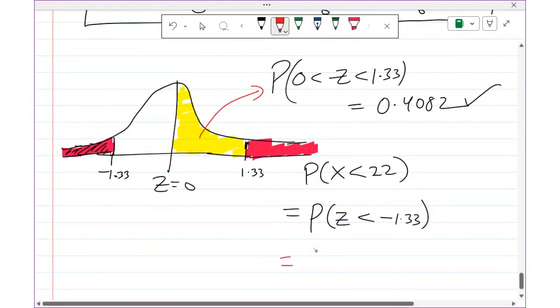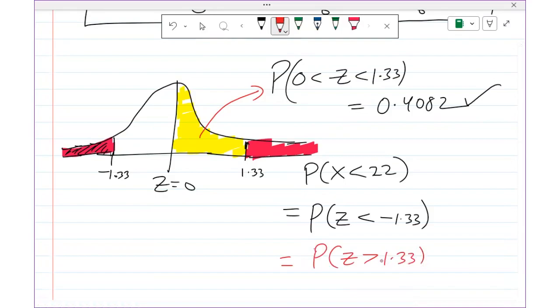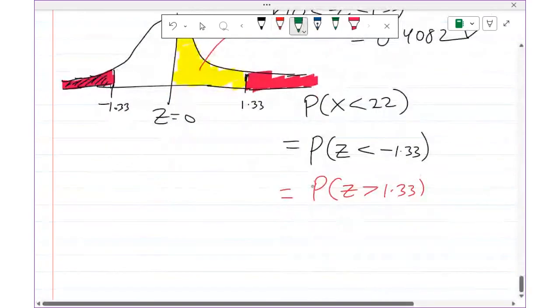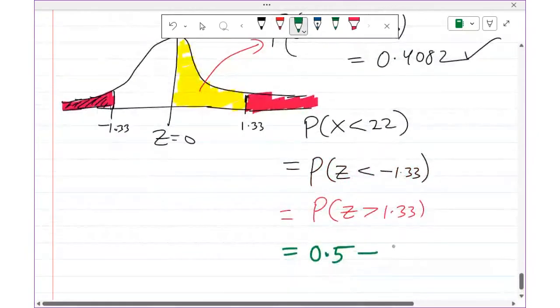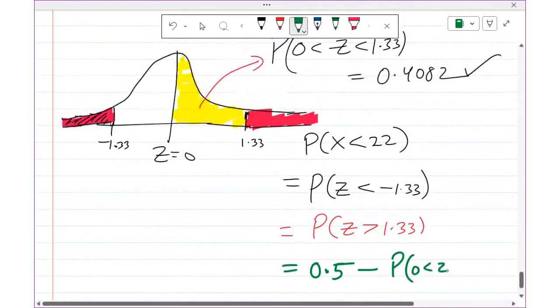So first of all you will write that this is the same as the probability of z greater than 1.33, which is the red color. This is equal to 0.5, the total on the right side, minus the yellow color, which is given between 0 and 1.33.